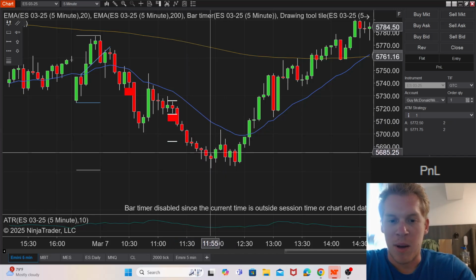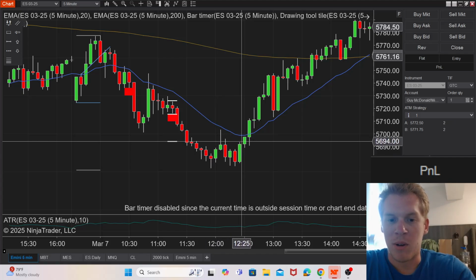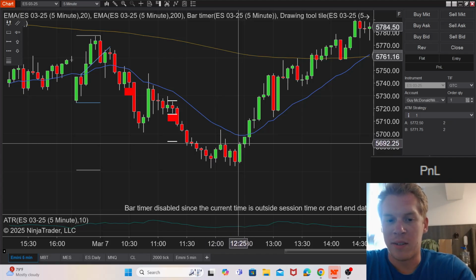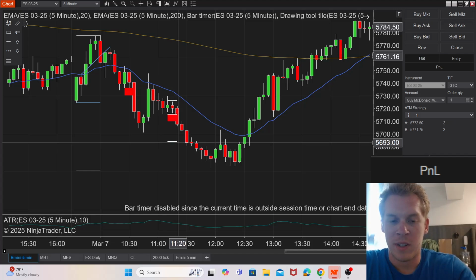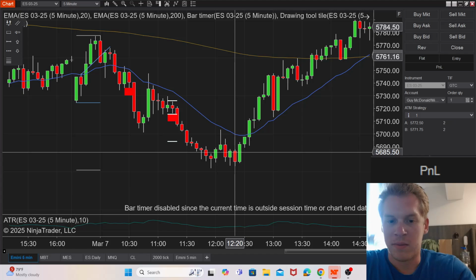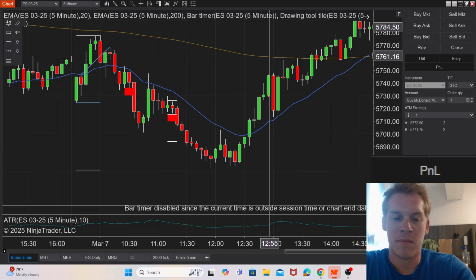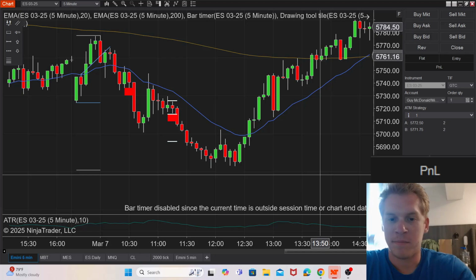In this case, probably would have gotten out above one of these bull bars here, so you would have ended up being out of your full position around 2 times your risk. But if you do leave some of your runners, sometimes the market, instead of doing this, it'll just keep on going down, and then you're stuck with a good short position, and you can make a huge amount of points from just holding that short position.